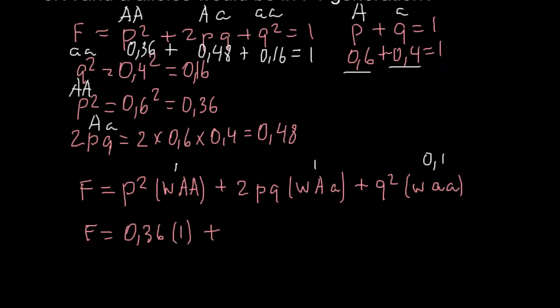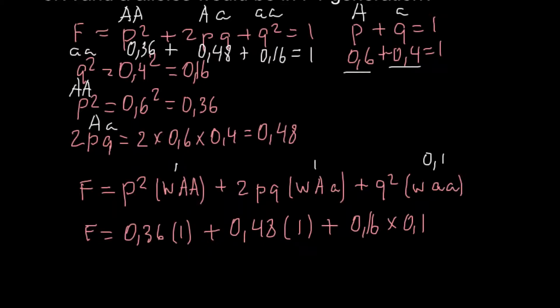And here the frequency of the heterozygous is 0.48. So 0.48 multiplied once again by the relative fitness 1, and this would be the same number. And here for the homozygous recessive genotype we have to multiply 0.16 by 0.1.